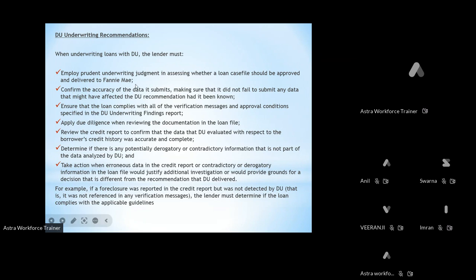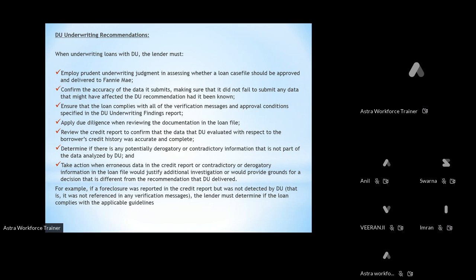That means the secondary investor, right? So we can assess the borrower's profile based on the Fannie Mae guideline, and then we come to know whether the file is saleable to the investors.